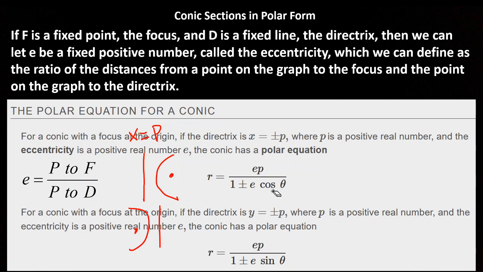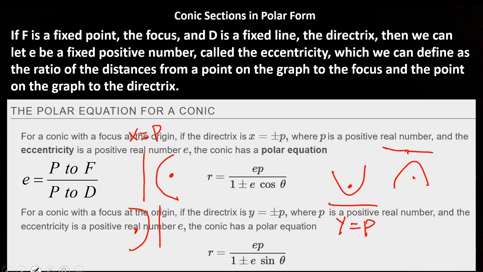And this is cosine in the formula. And if the conic is vertical, then the directrix is horizontal, so y equals p is the directrix. Or it could be a negative p or positive p. So it could also be this way. And that's the directrix. Okay?